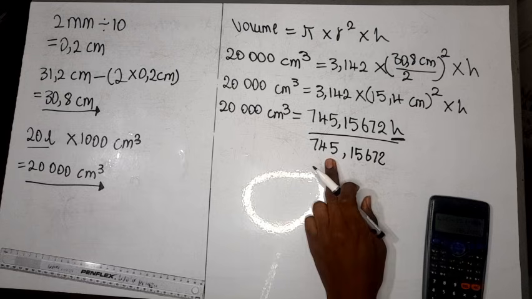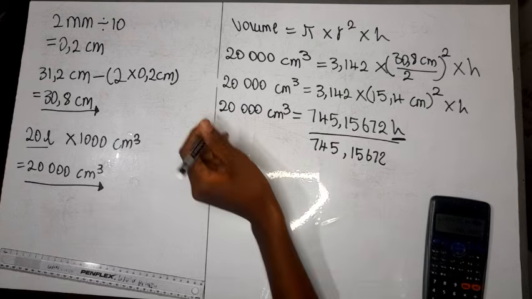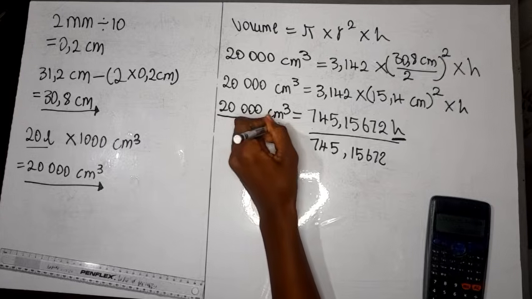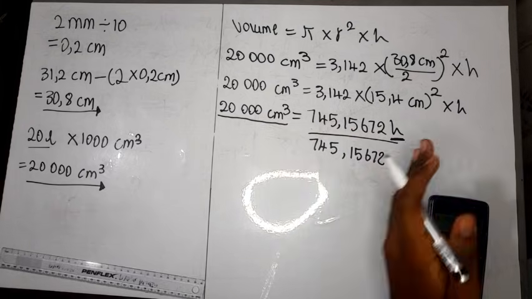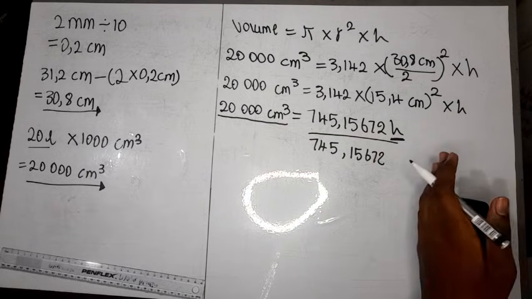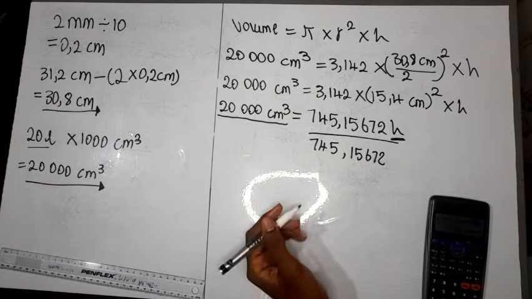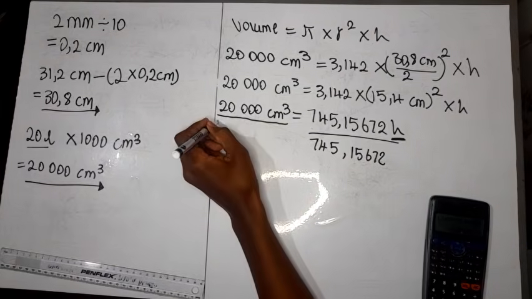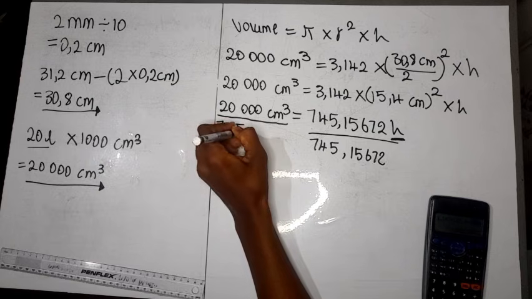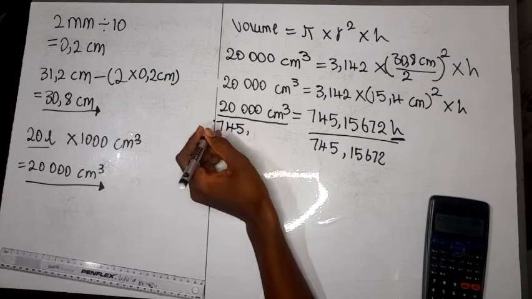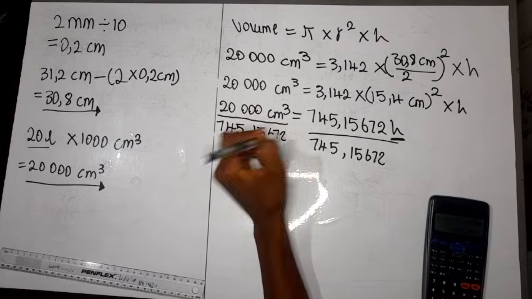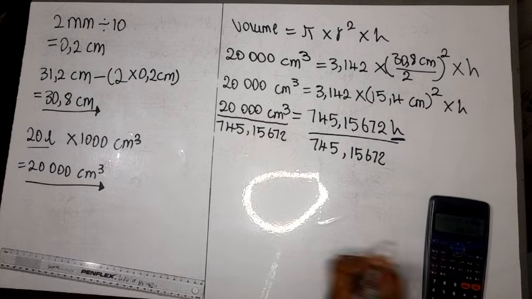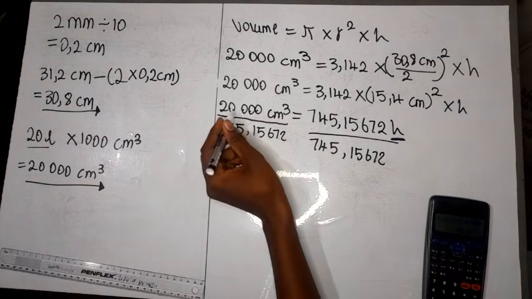And because we have divided with this number on the side, that means that we also have to divide with the same number on the other side, because they say that what you do on the right hand side, you also have to do on the left hand side. So even on this side, we're going to divide by 745.15672, right?